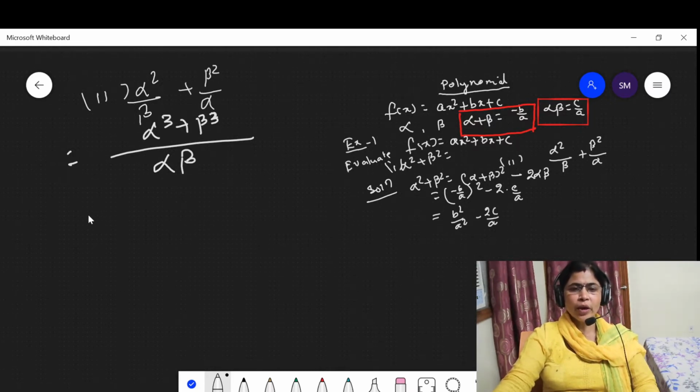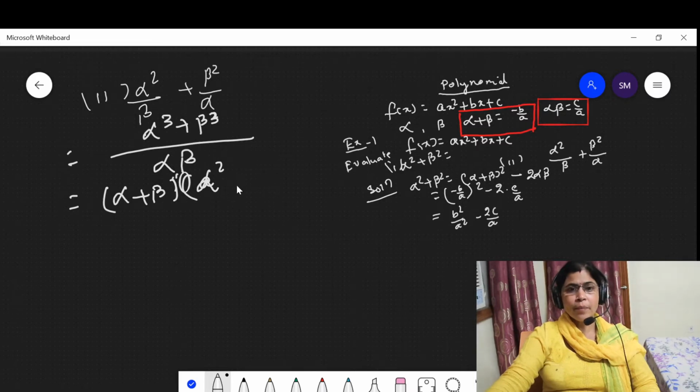As you know, what is the identity of a cube plus b cube? A cube plus b cube is a plus b into a square minus ab plus b square.